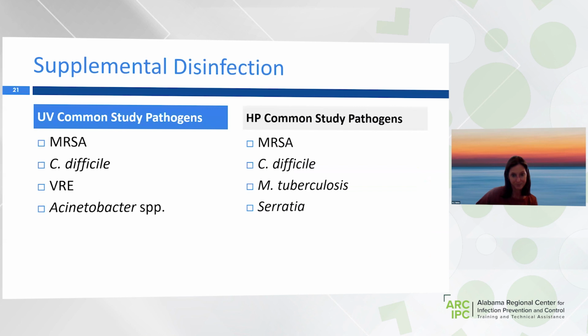So in terms of these studies, some of the pathogens that have been studied as it relates to UV and hydrogen peroxide: MRSA and C. diff are typically on the list, and then for the UV lights, VRE and Acinetobacter have been included, and for the hydrogen peroxide, Mycobacterium tuberculosis and Serratia.